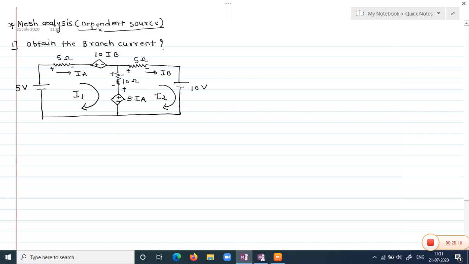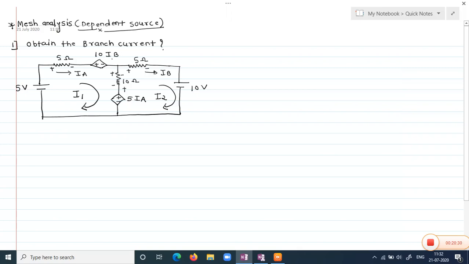Okay, here two controlling parameters you have observed, that is IA and IB. The second dependent source is 5 IA and the first dependent source is 10 IB.